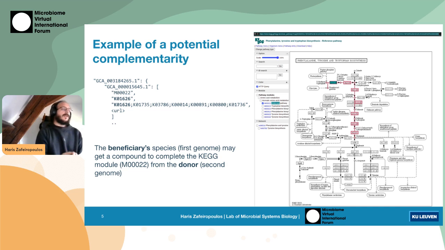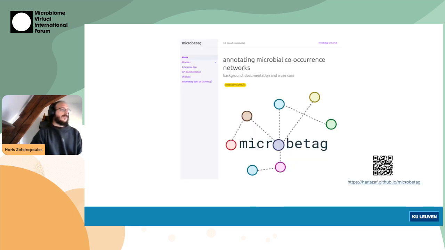And if the taxon that is found to co-occur with that species can supply this missing part, then we consider that as a potential complementarity.